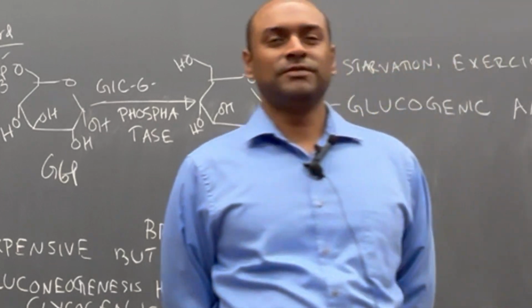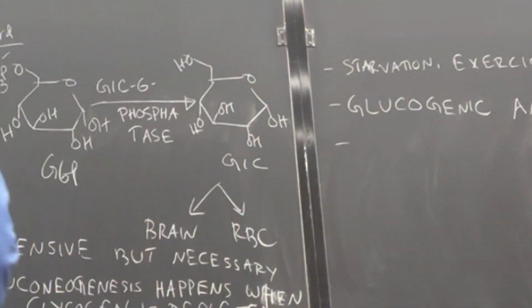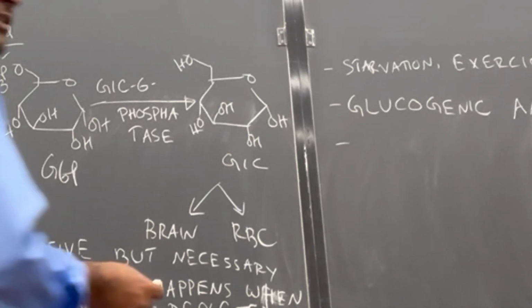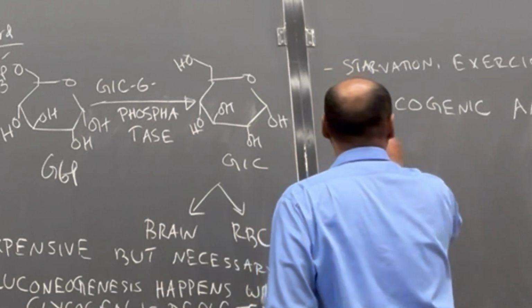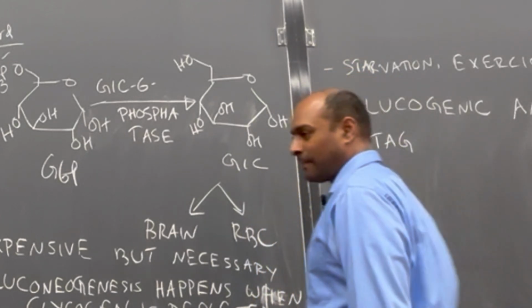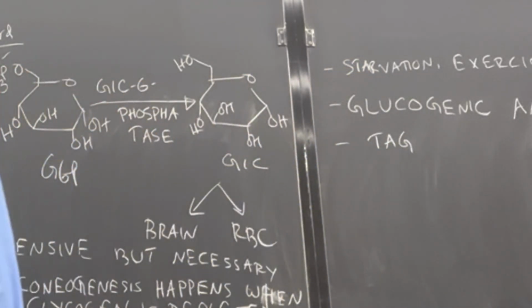So how do we use fatty acids to get glucose? Yes, glycerol. So the fatty acid part cannot make glucose, but the glycerol part can, so for example, TAG, right? We have learned a lot about TAG. What is the full name of TAG? Triacylglycerol.